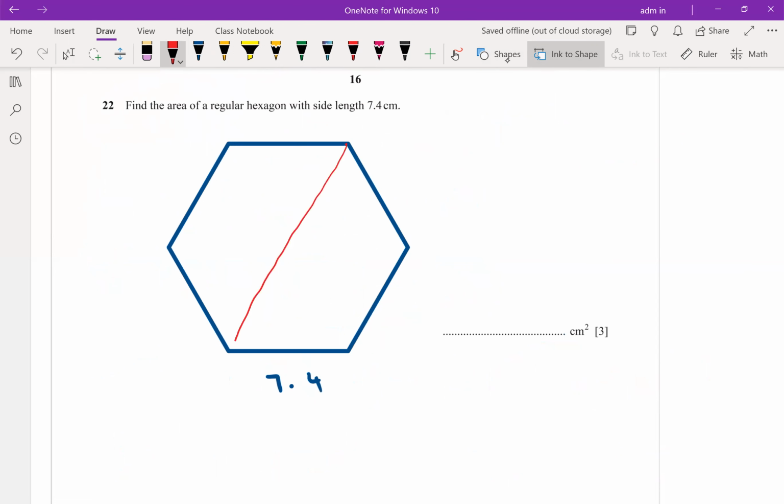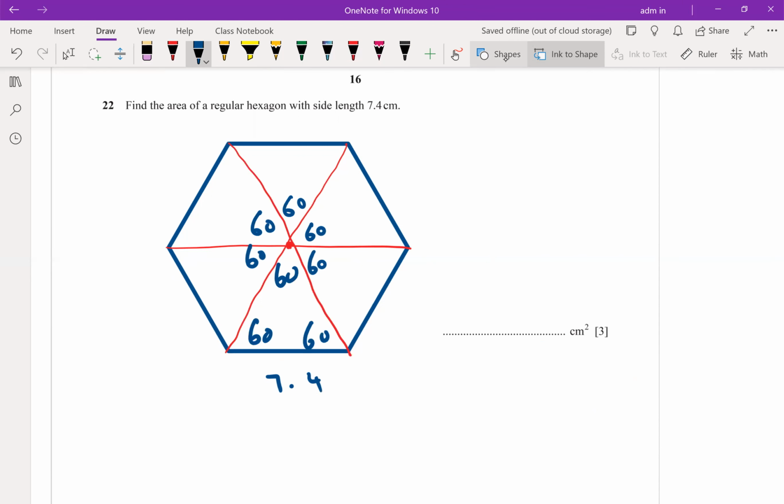It's 6 equilateral triangles. The other shapes have isosceles triangles. Pentagon, octagon, heptagon, isosceles triangles. The hexagon has 6 equilateral triangles. 60 degrees, 60 degrees, 60 degrees, 60, 60. This is why it's 6 equilateral triangles.